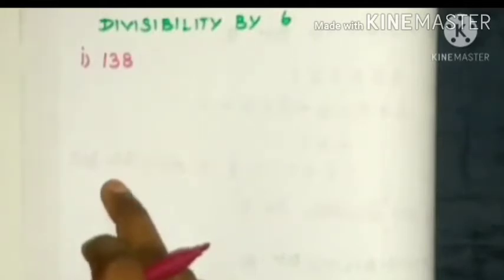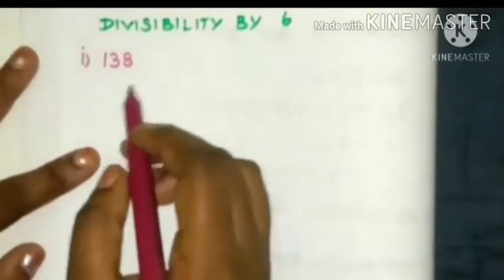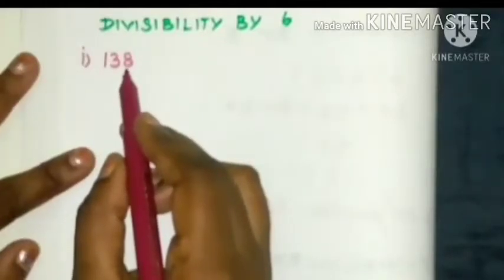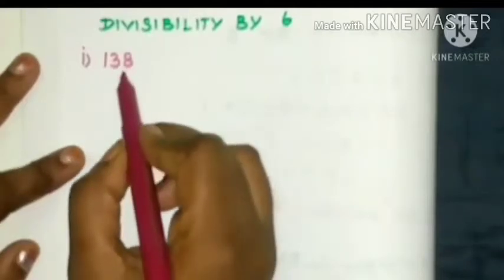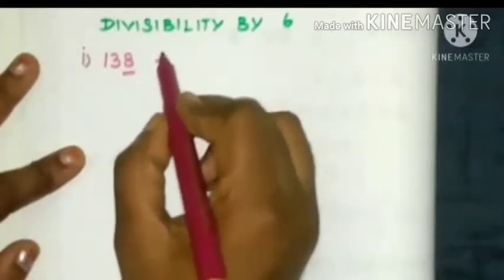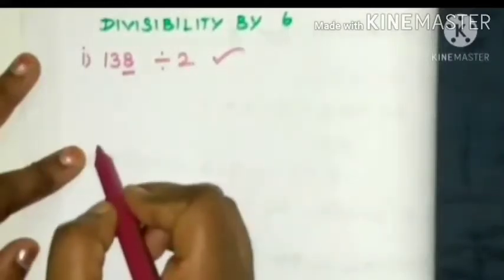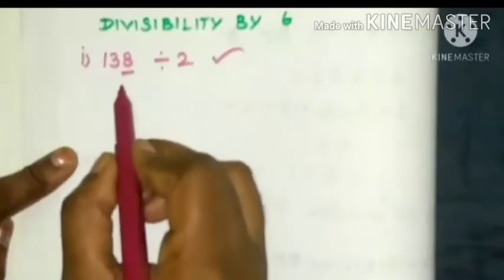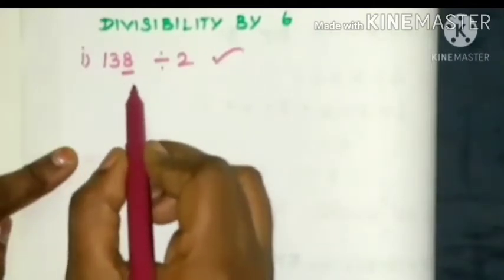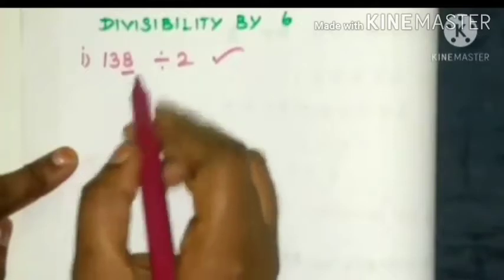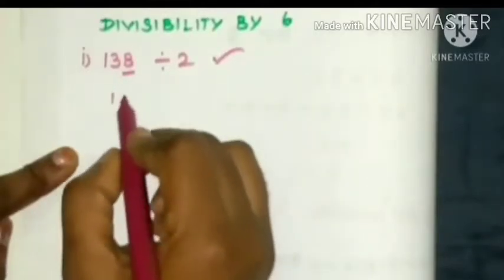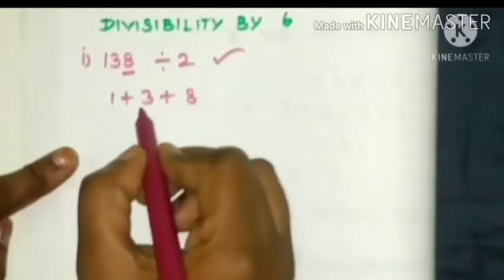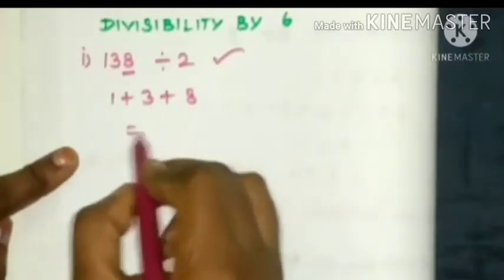Let's see the rule of divisibility by 2. If 138 is divisible by 2, definitely the ones place is an even number. 8 is an even number. So it is divisible by 2. Now let's check for 3. A number is divisible by 3 if the sum of its digits is divisible by 3. For that you have to find the sum of the digits. 1 plus 3 plus 8. 1 plus 3 is 4. 4 plus 8 is 12.